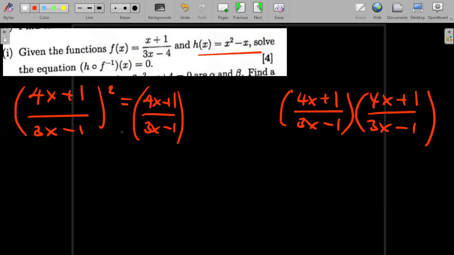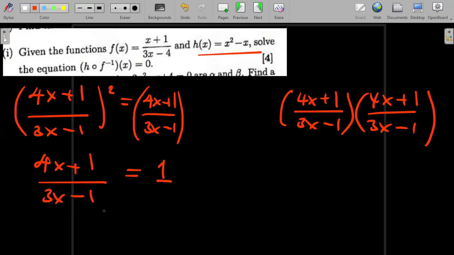So I can divide both sides by (4x plus 1) over (3x minus 1). Here I just remain with one of these, which is (4x plus 1) over (3x minus 1), and the other side divides into ones.